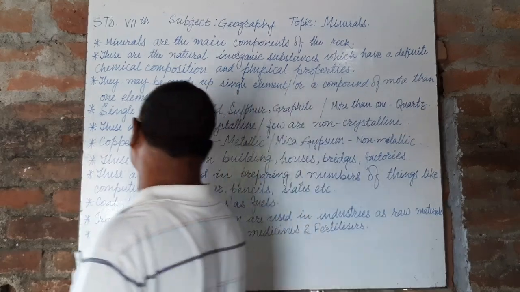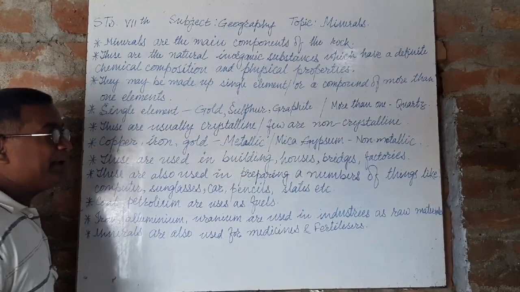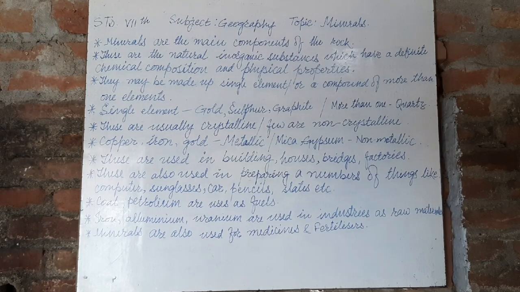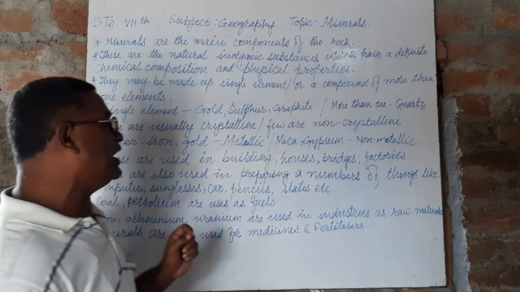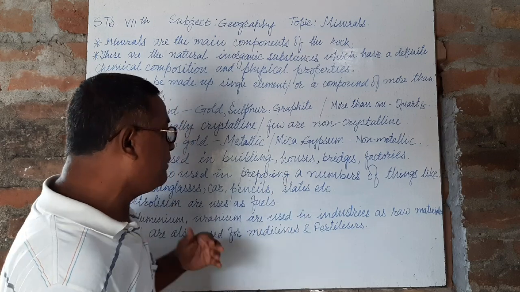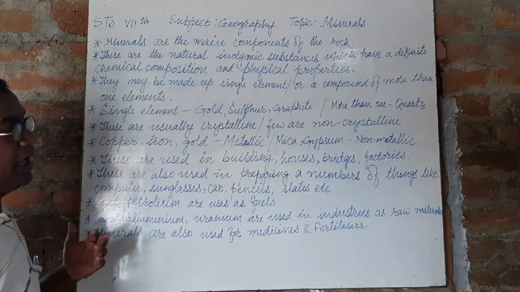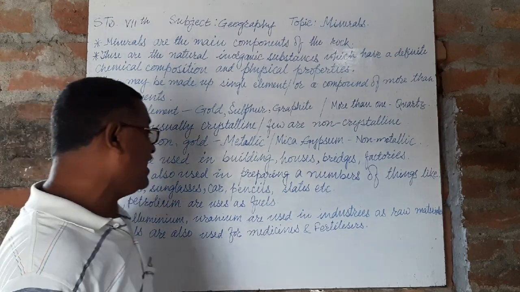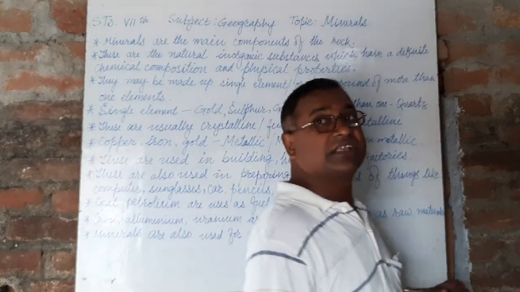These are also used in preparing a number of things. Minerals are used not only in building houses, bridges and factories, but also in a lot of modern equipment like computers, sunglasses, cars, pencils, slates.